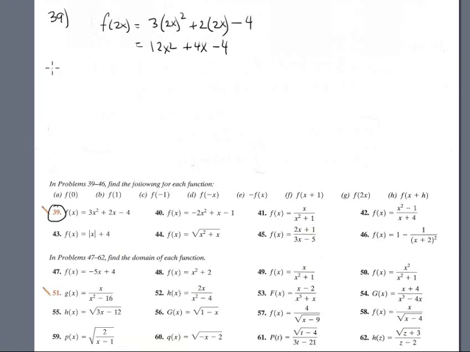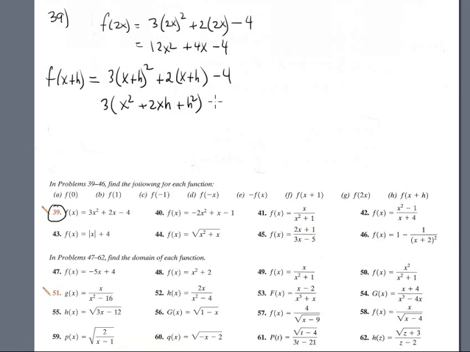And finally, f at x plus h is 3 times x plus h squared plus 2 times x plus h minus 4. We FOIL here: 3 times x squared plus 2xh plus h squared, plus distributing here 2x plus 2h minus 4.